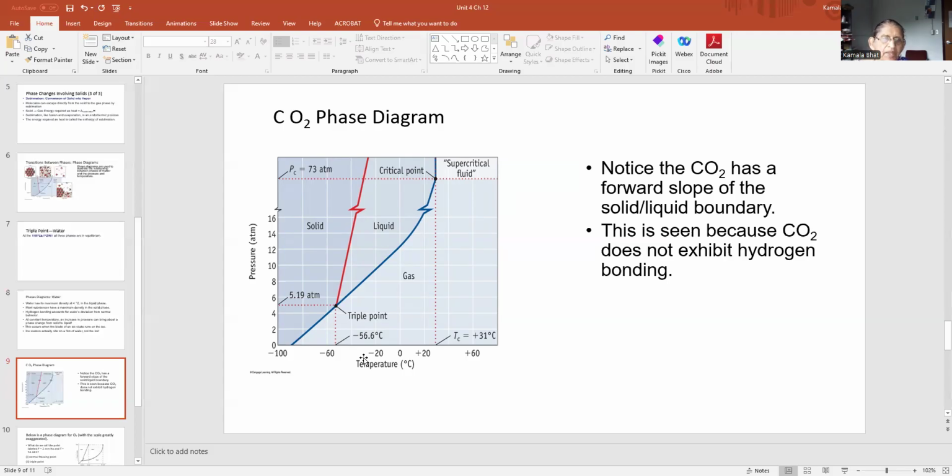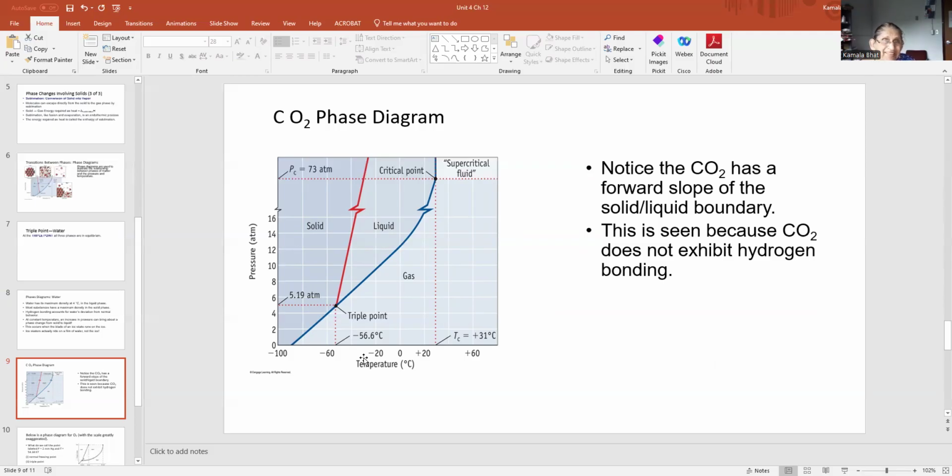So the temperature is from minus 100 to plus 60, and the pressure is from zero atmospheres to very high, because beyond 16 it is not showing. So you know that it's under high pressure state.